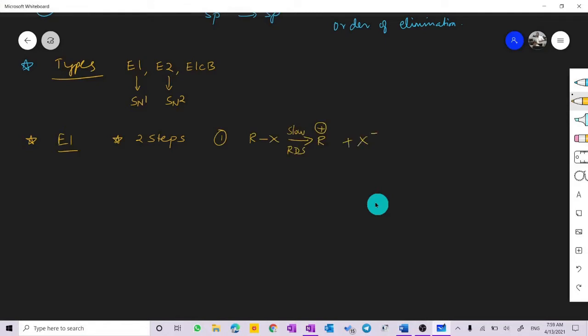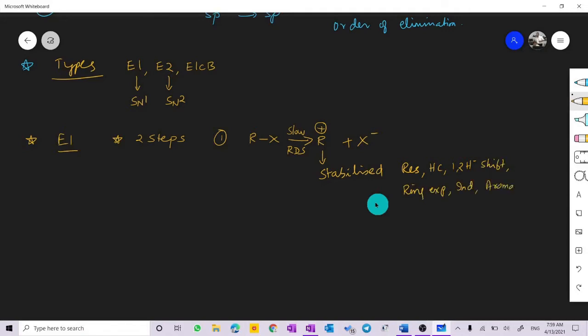carbocation. Since the carbocation formation is the rate determining step of this reaction, this carbocation has to be stabilized by any of the various effects like resonance, hyperconjugation, 1,2 hydride shift, or ring expansion, or inductive effect, or aromaticity, like that.